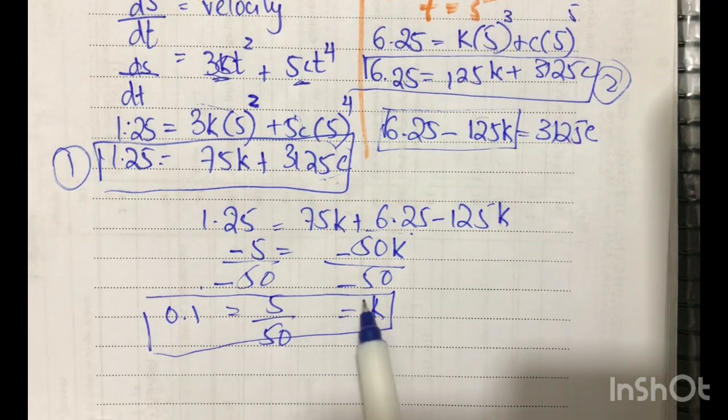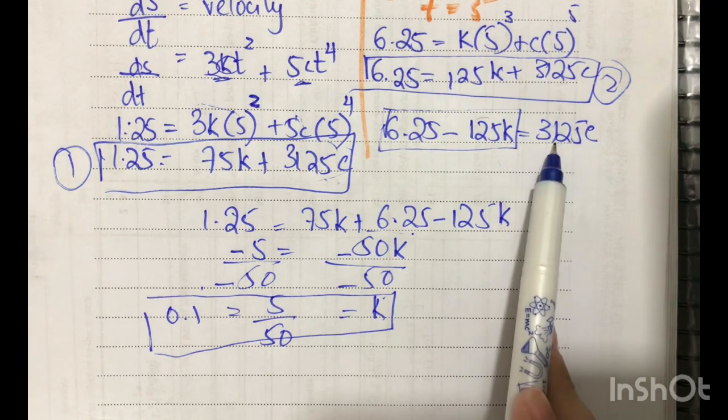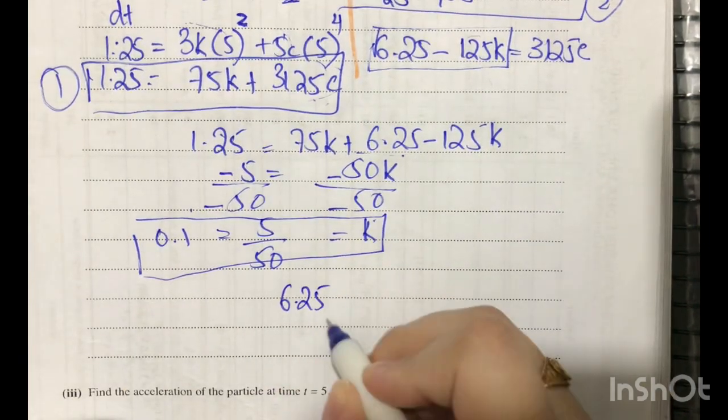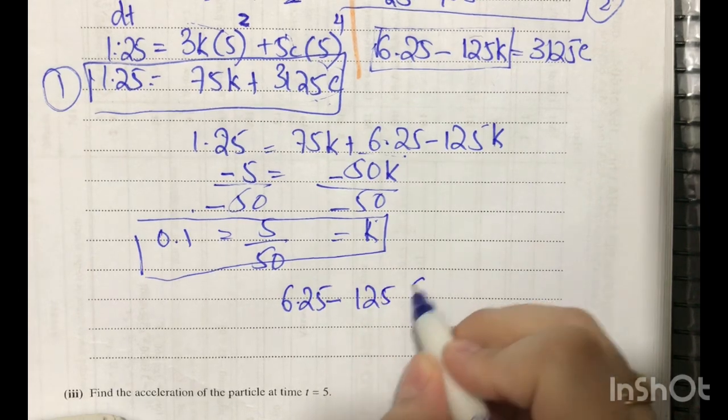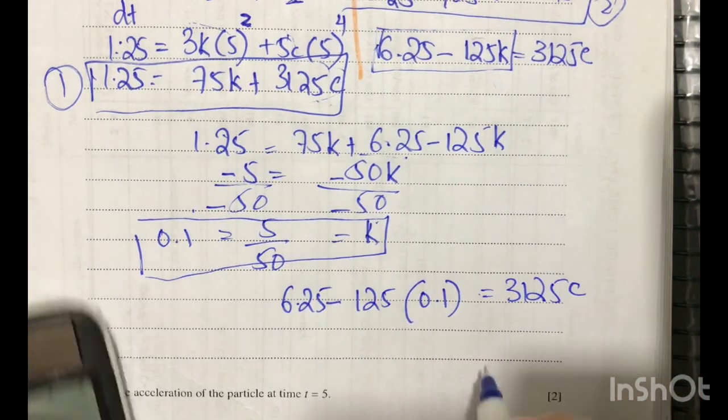Now we can substitute this value of k back in this equation and find the value of the constant c. So 6.25 minus 125 times 0.1 is equal to 3125c.